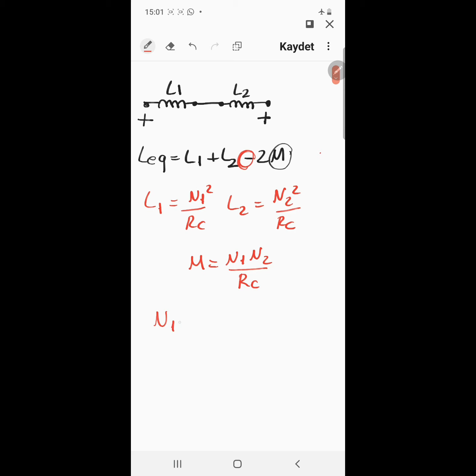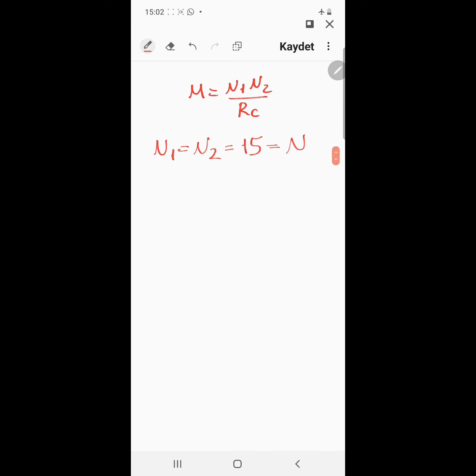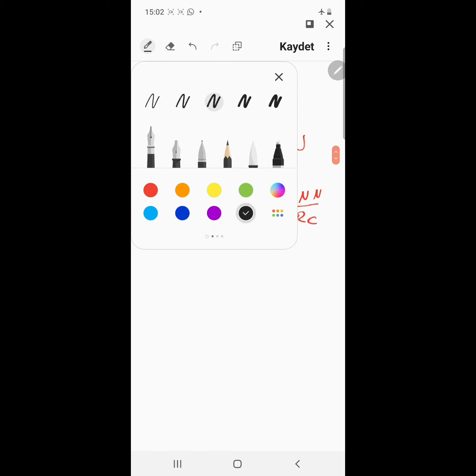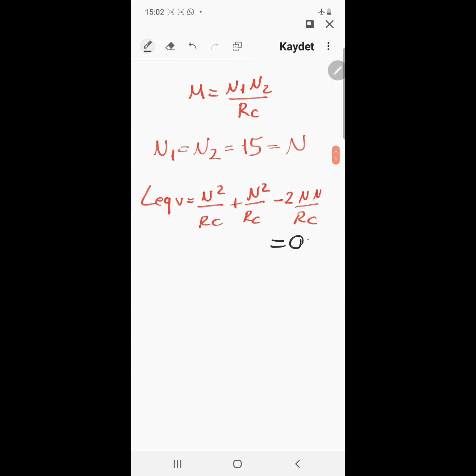And we know that N1 equals N2 equals 15. Let's say this is N. Then we can write the equivalent inductance as this, and it can be clearly seen that this equals 0.